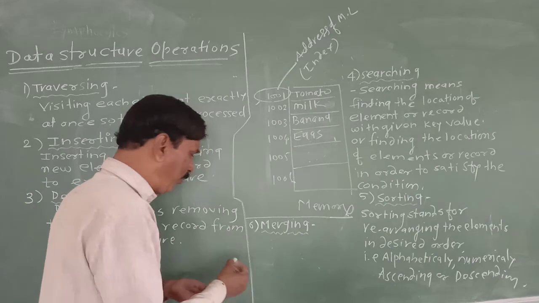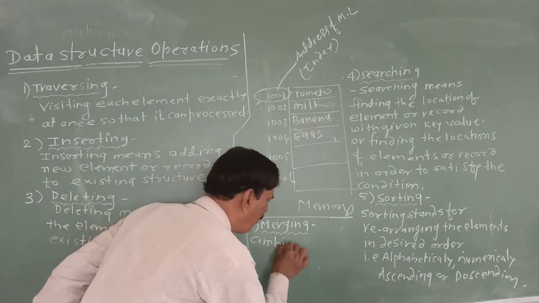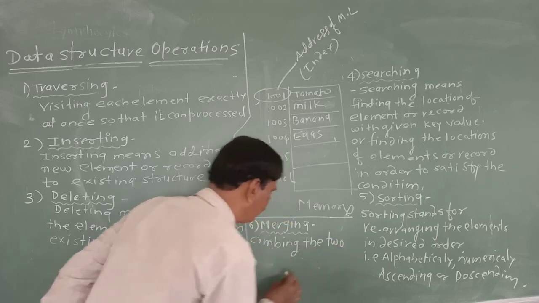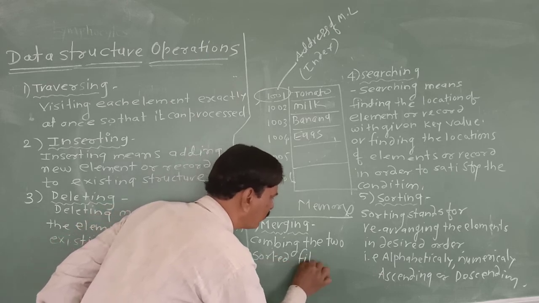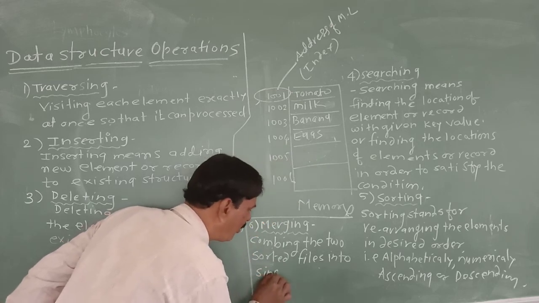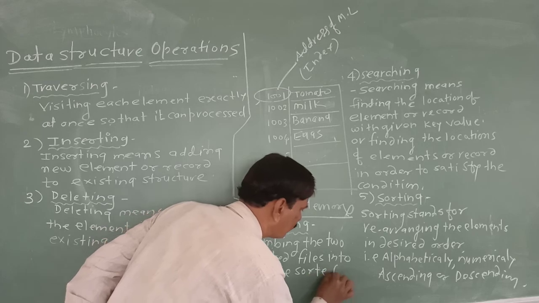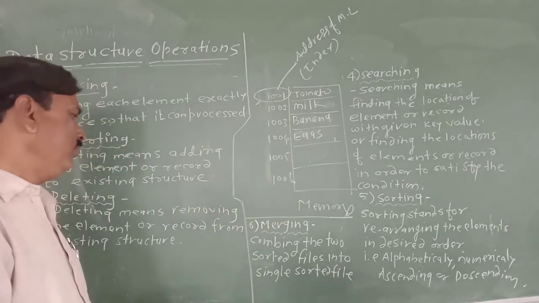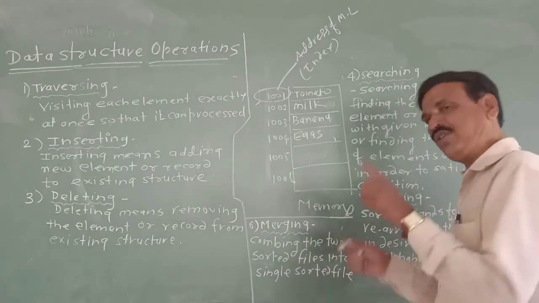So merging stands for combining the records, combining the two sorted files into a single sorted file.